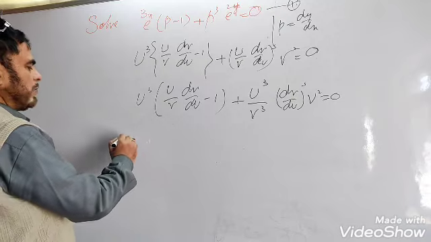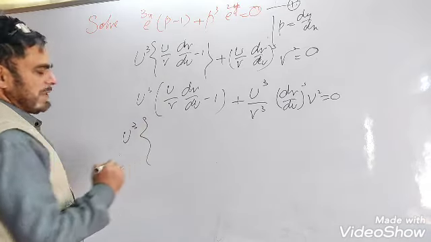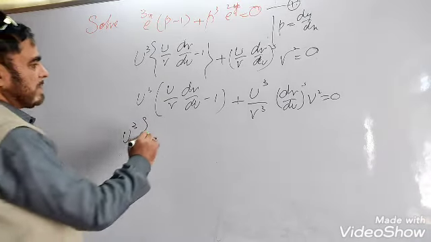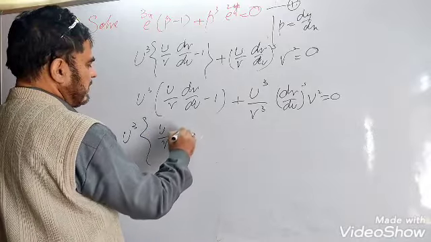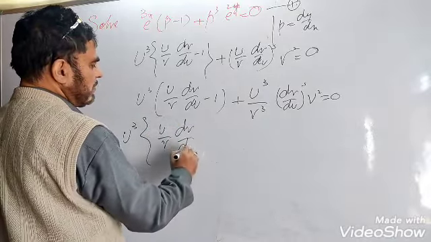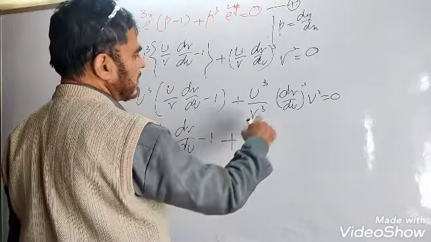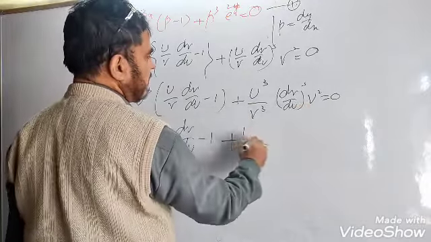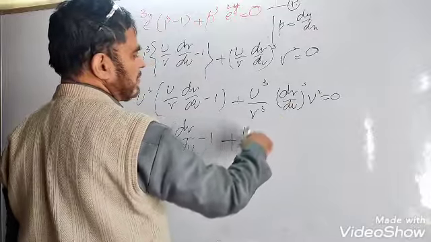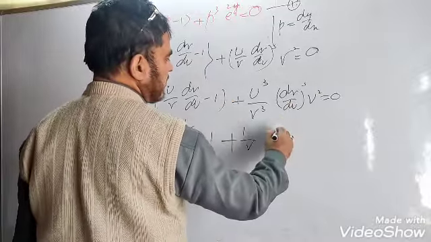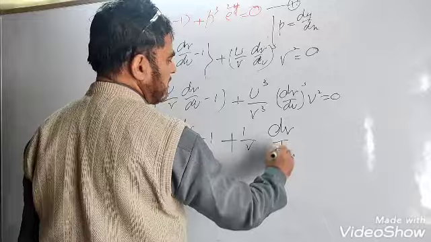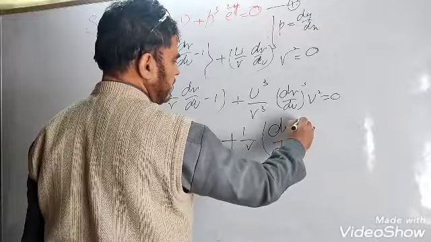You can even take u cube common. This gives u cube out, then u by v dv by du minus 1, plus 1 by v, because v square over v cube is 1 by v, dv by du cube.